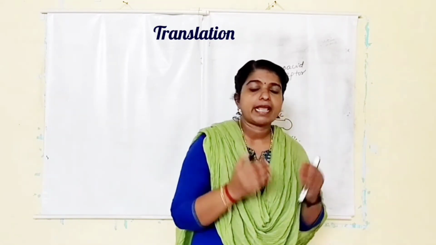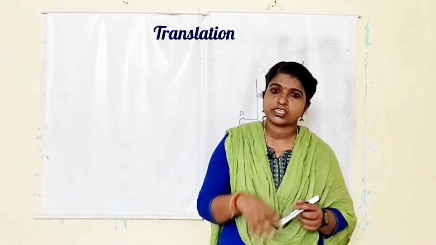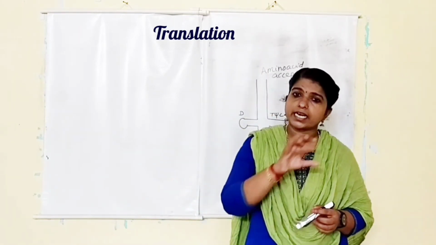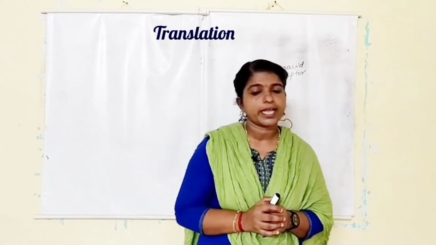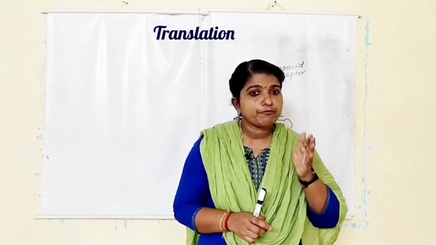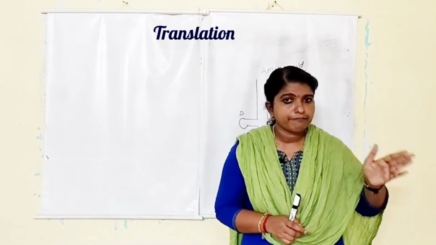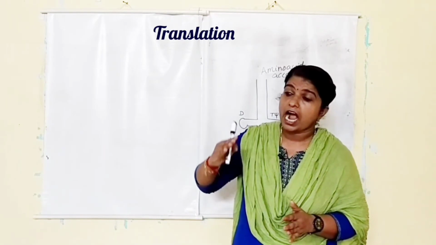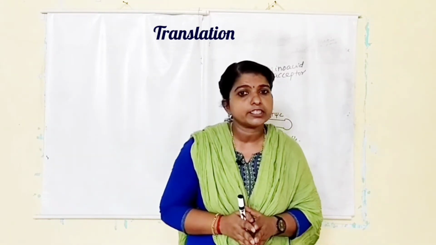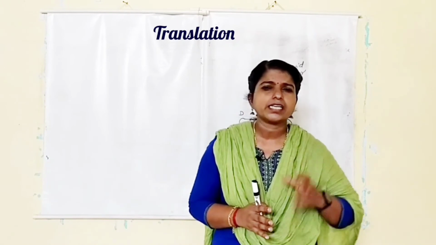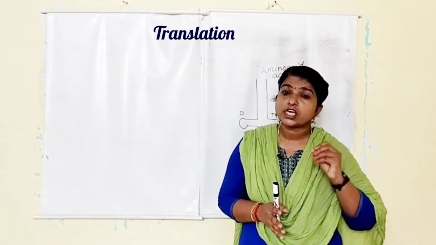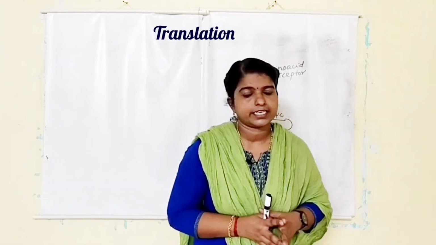I told you the mRNA carries codons. Start codon is there, stop codon is there and many other codons are also there. But before the start codon in the 5' end and after the stop codon in the 3' end, there are certain sequences which are not translated.